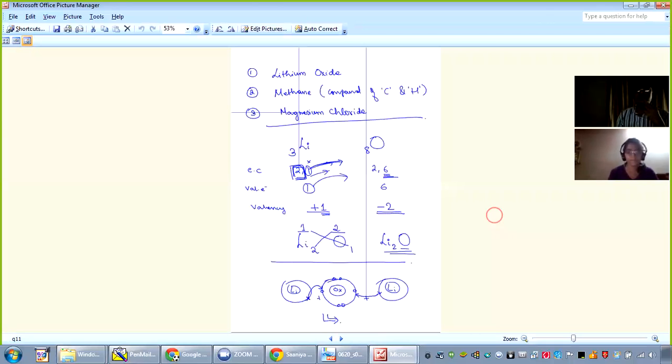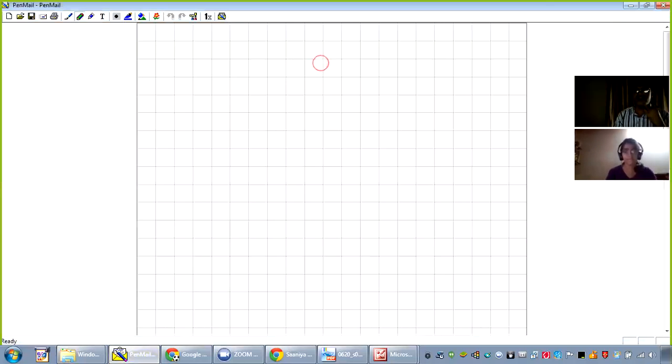After they combine, how are you going to draw this structure? After those 2 electrons are lost, 6 electrons of oxygen are there originally. These 2 electrons have come from lithium.